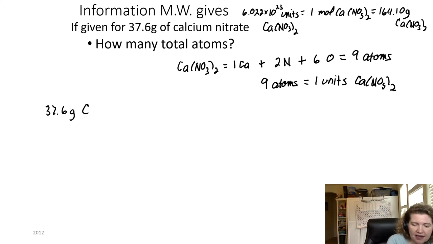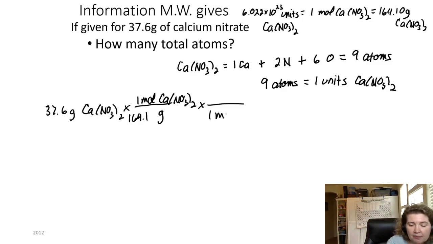So I've got 37.6 grams of calcium nitrate, and I can relate the grams of calcium nitrate to the moles of calcium nitrate. There's 164.1. And then I can relate the moles of calcium nitrate to 6.02 times 10 to the 23rd. I'm just going to put N sub A units of calcium nitrate.